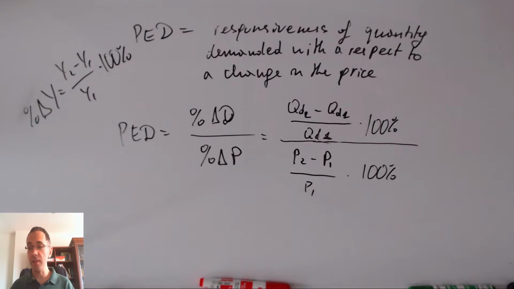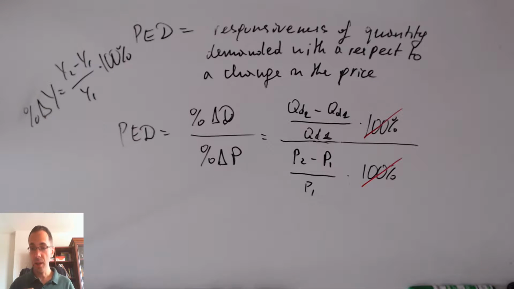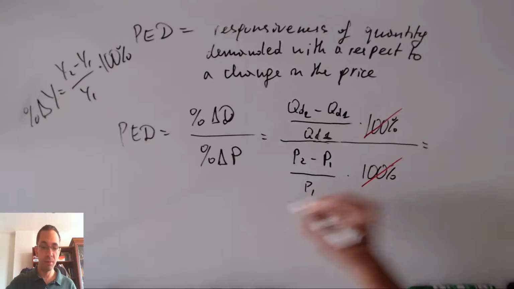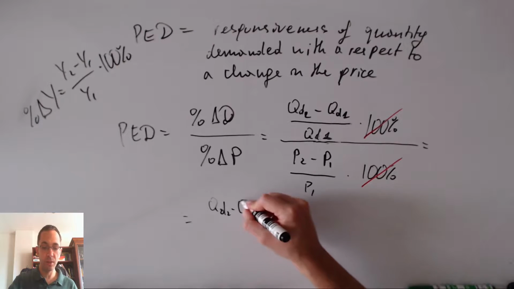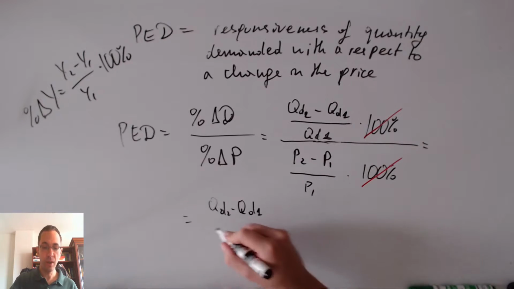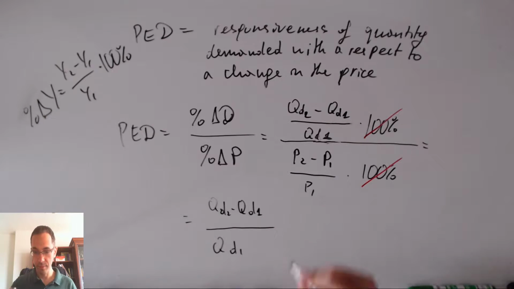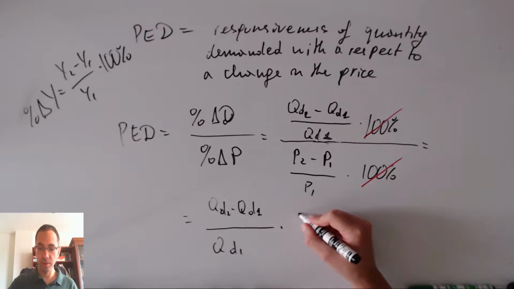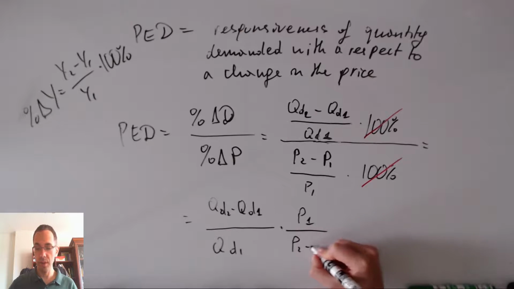So when we do this, we'll get something, and this will be our price elasticity of demand. We can cancel out some terms, and if we do that, we can also derive it as QD2 minus QD1 over QD1, times P1 over P2 minus P1.